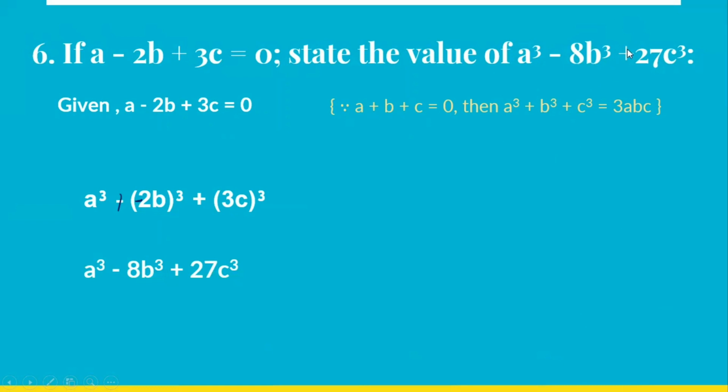And this is the value you have to find out, which is equal to 3abc. So 3, your a is a, your b is minus 2b, your c is 3c. Let us multiply and get the values. So 3 into minus 2 is minus 6, minus 6 into 3 is minus 18. So we get minus 18abc.